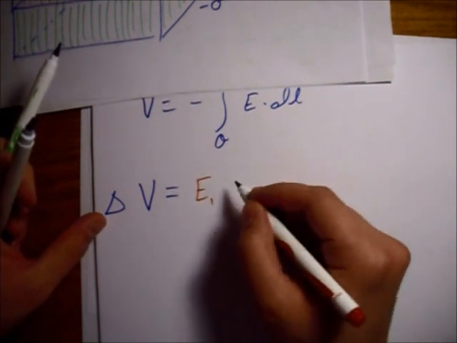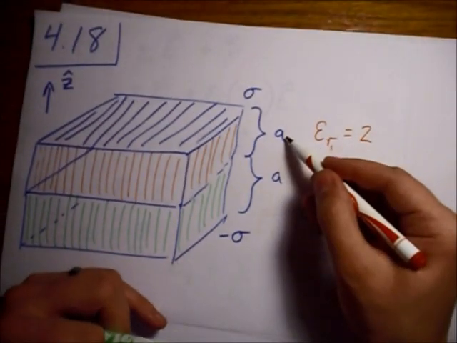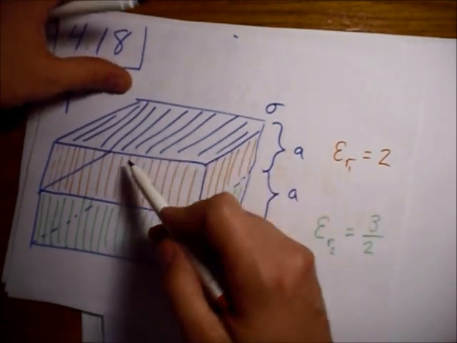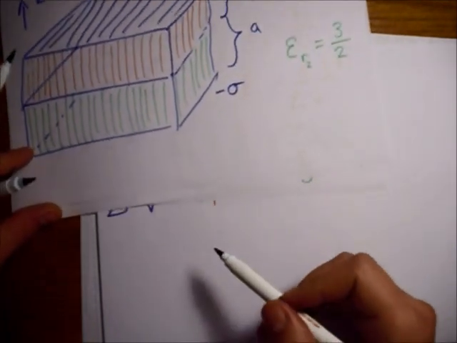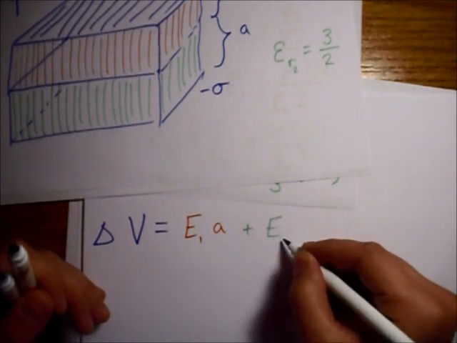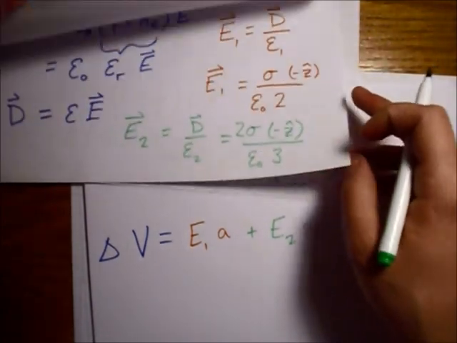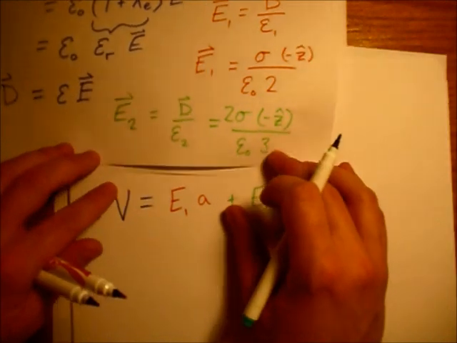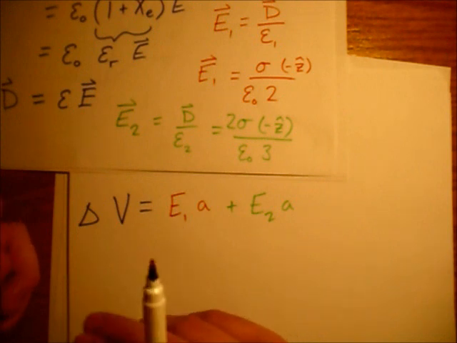This will be E1 multiplied by A. This A is the distance or the thickness of the top slab where the electric field is given by E1, plus E2 multiplied by A. So now we just go back and we find our electric fields right here. Okay, we just multiply by A. Couldn't be much easier than that.